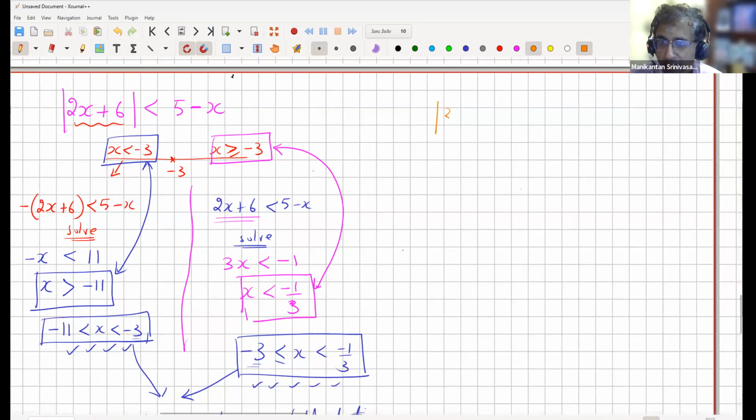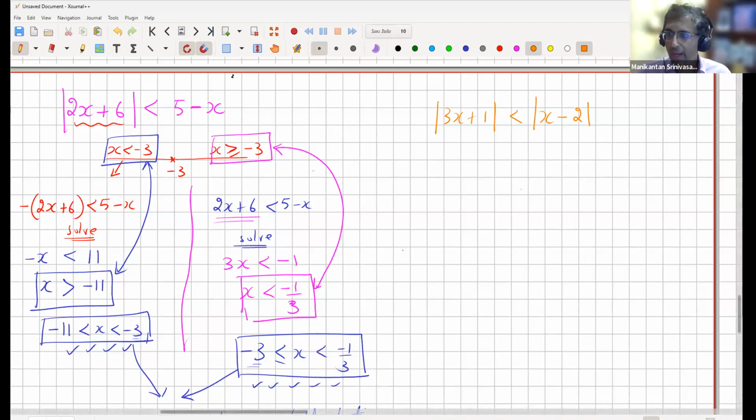So suppose I have the absolute value of 3x plus 1 is less than the absolute value of x minus 2. Then I have two approaches. I can square both sides, because the absolute value of 3x plus 1 is a positive number, so 3x plus 1 whole square is also a positive number. So what is this saying? In magnitude, which means without the sign, 3x plus 1 should be a weaker quantity than x minus 2.